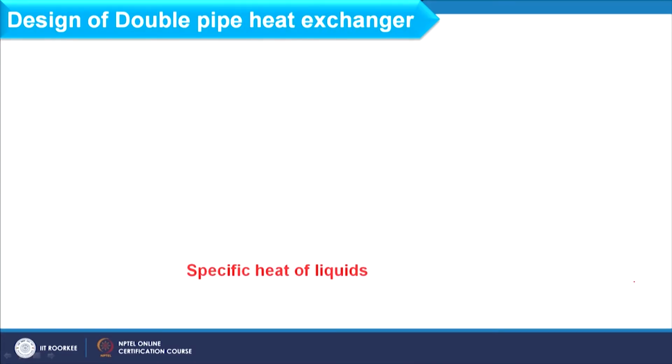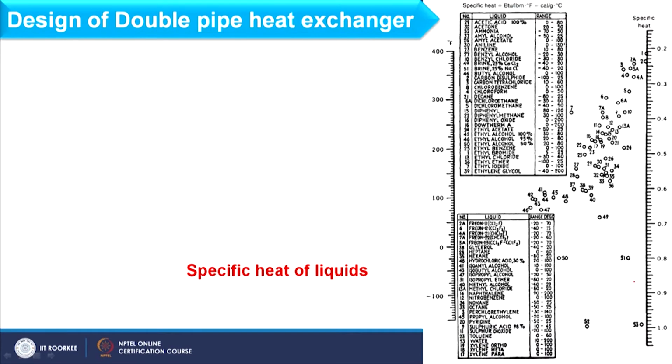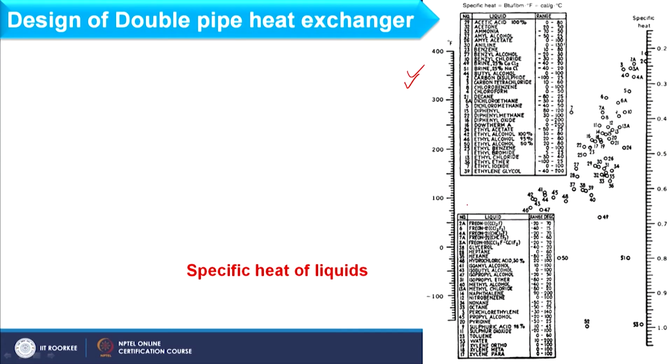And once I have the viscosity, we have to collect the specific heat of the liquid. For the specific heat of the liquid, we can consider this graph. These are basically standard graphs, you cannot change these graphs. These graphs I have taken from R.W. Sinnott's book.